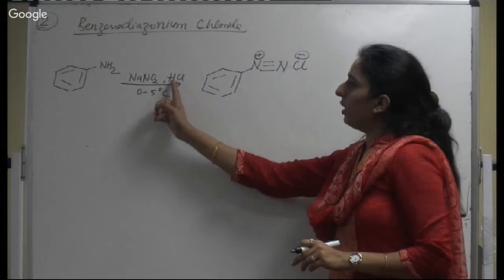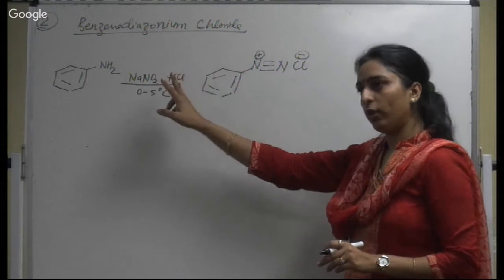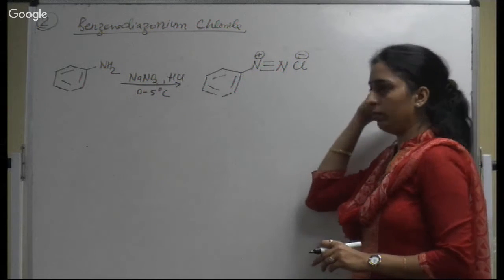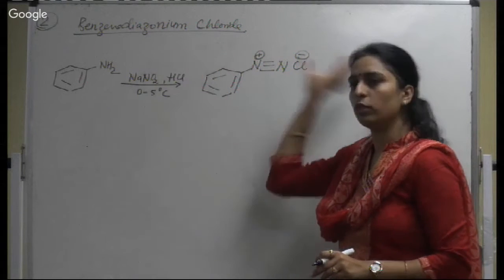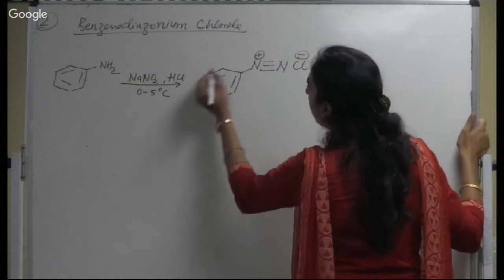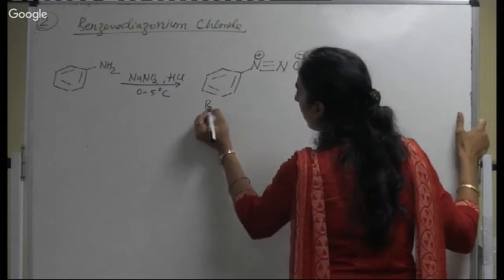Whatever HX you are using, that salt you will be getting. If you are using sulfuric acid, you will get bisulfate. If you are using fluoroboric acid, you will get the tetrafluoroborate. Depending upon whatever acid you are using, you will get that salt only. This is called benzene diazonium chloride.